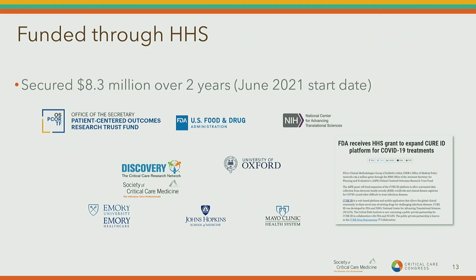The funding came directly from the Patient-Centered Outcomes Research Trust Fund. And collaborators included, FDA is the primary applicant, with a subaward to CDRC. We included collaborators from Emory University, Johns Hopkins, the Mayo Clinic, Oxford University, and of course, SCCM Discovery.